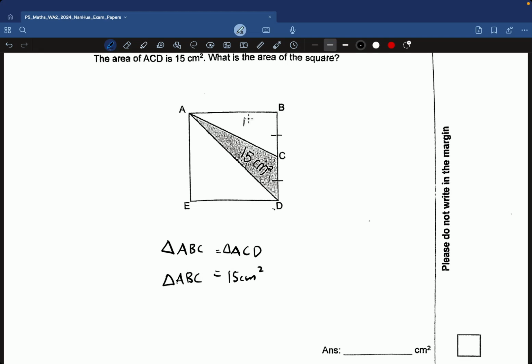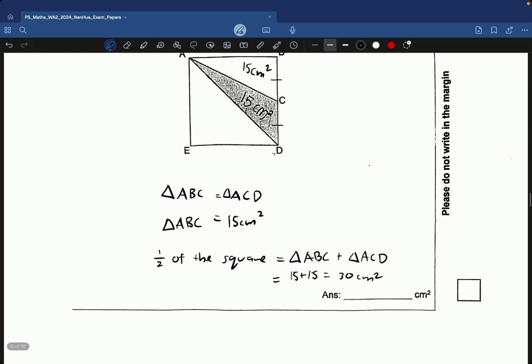And the thing is that half of the square is equal to triangle ABC plus triangle ACD. And this is equal to 15 plus 15, equal to 30 centimeter square.